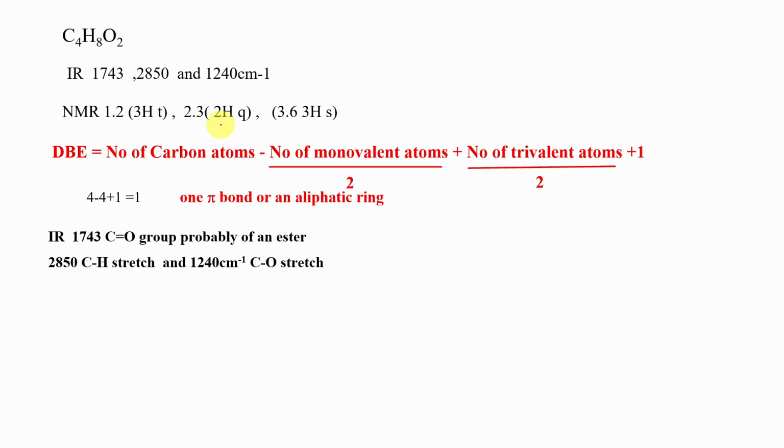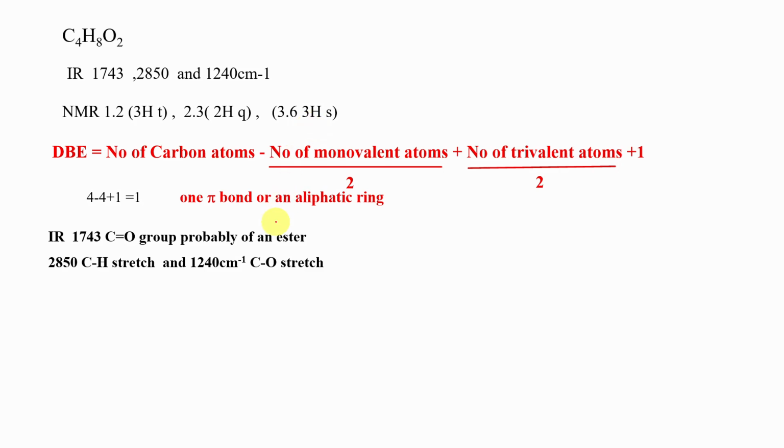A 2 hydrogen quartet means a CH2 group directly attached to a CH3 group, while a 3 hydrogen singlet indicates a CH3 group with no neighboring carbon atom bearing hydrogen atoms.